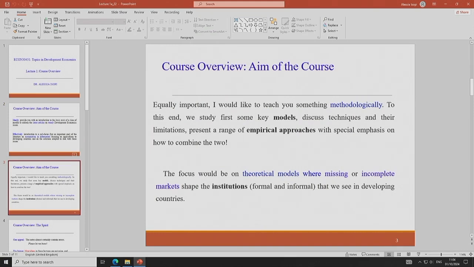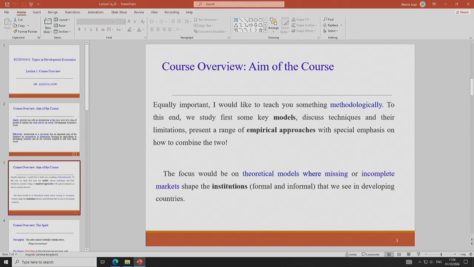In terms of method, we're going to use both theory and empirics. Especially at the beginning of the module, and I really say this, there will be a lot of intense maths and applied micro. So those of you that are not familiar, be aware of this part.